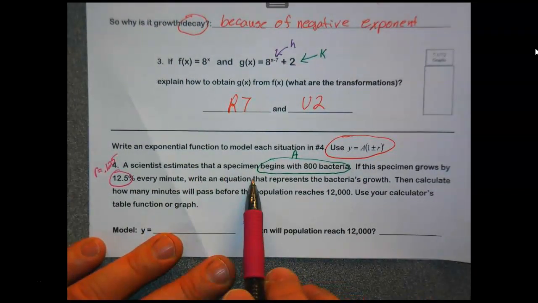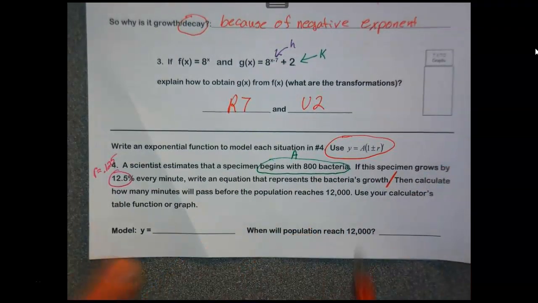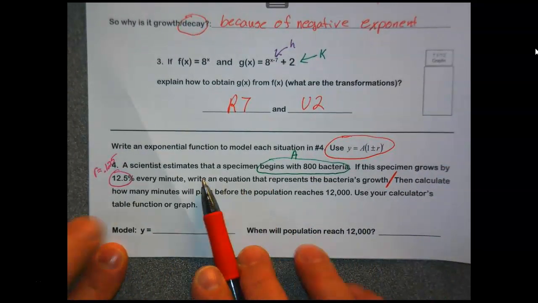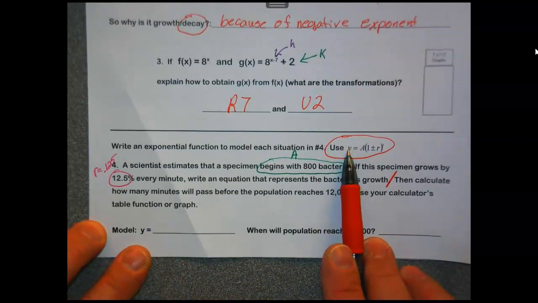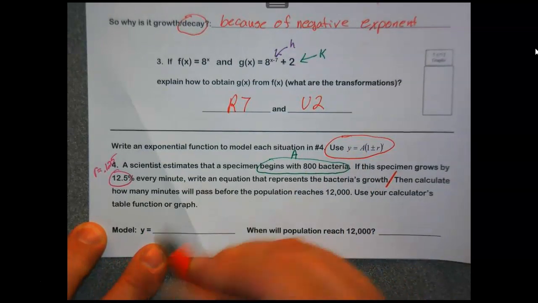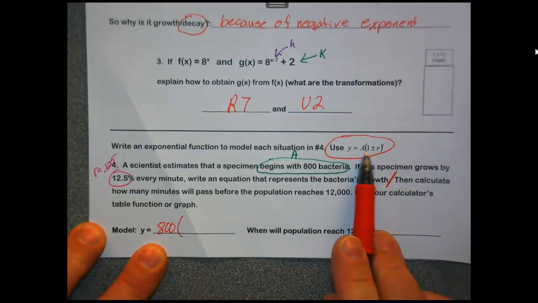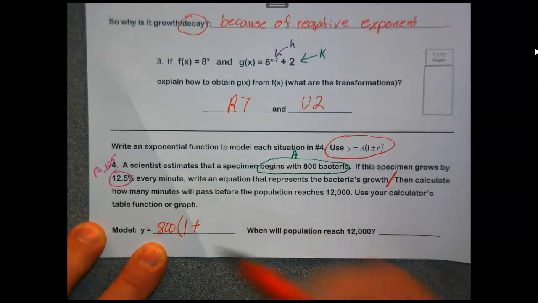Write an equation that represents the bacteria's growth. So step 1, let's just stop there. Write an equation. That's the model. When it says write an equation, that means they want the model. So I have y equals, we have our A, which is 800, parentheses, 1, it's growth, so I'm going to use a plus sign.